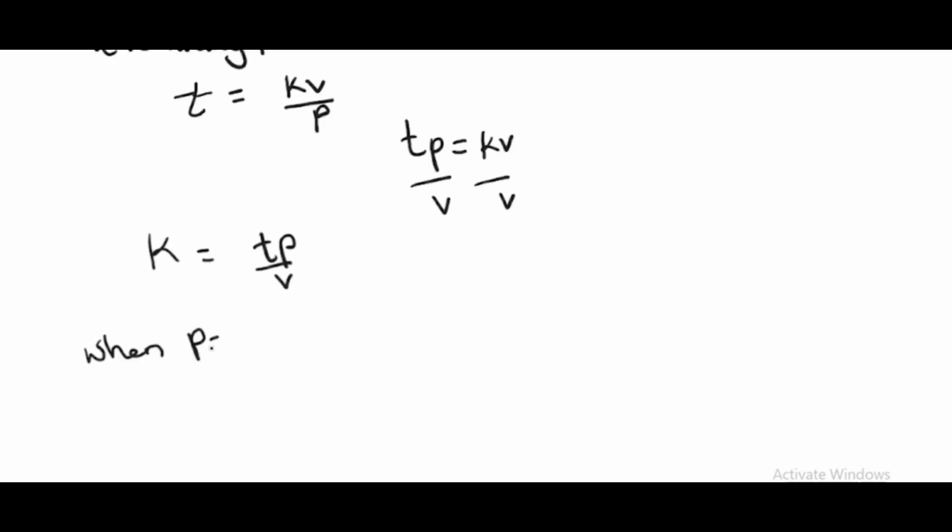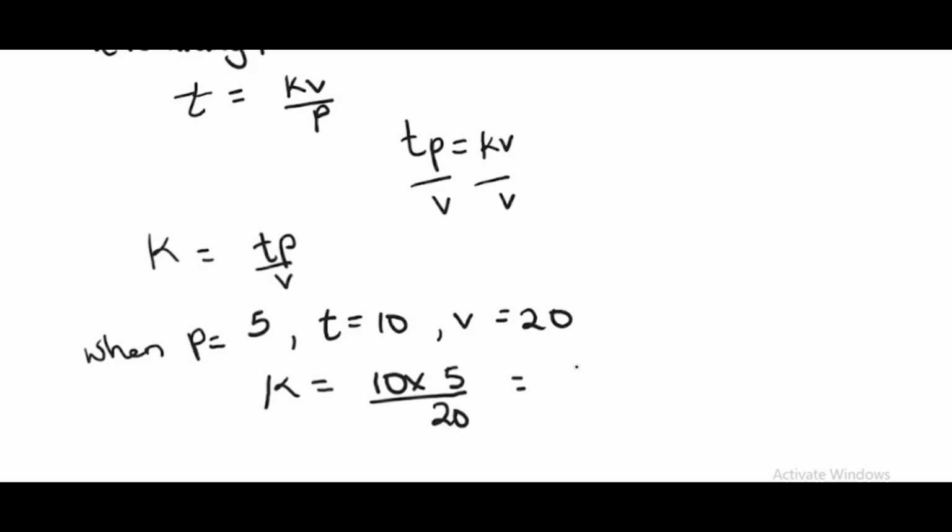So now I can look at the other data in the question. When P is 5, T is 10, and V is 20. So with this information, I will find my K to be equal to 10 times 5 over 20, and that will give me 5 over 2.